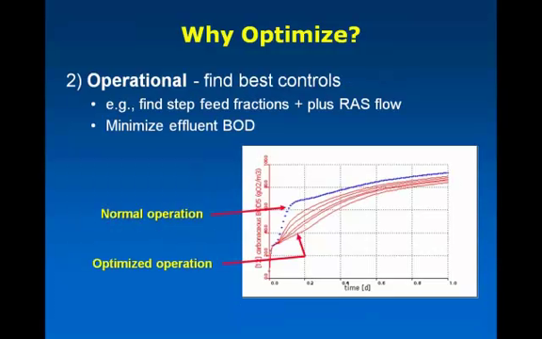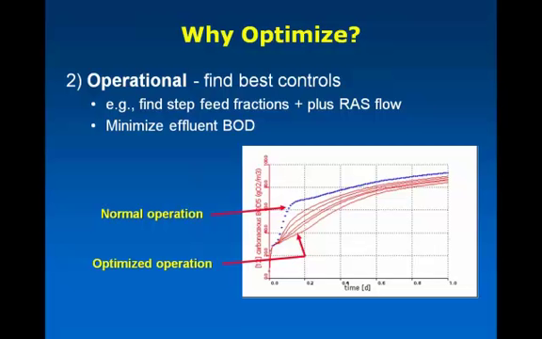The other one, and this is probably the more useful one, is to have it find the best set of operational parameters for your particular wastewater treatment plant in order to do some sort of minimization or maximization. In other words, find the best possible combination of step feed fraction and RAS flow, or whatever other combinations, flow splitting, tapering of your aeration system, any of those types of parameters.